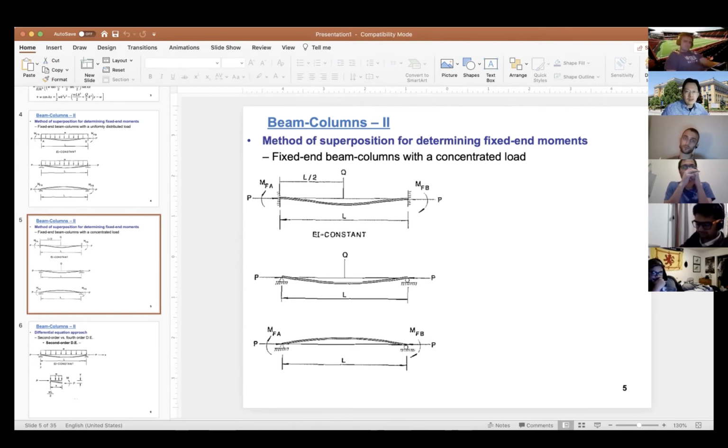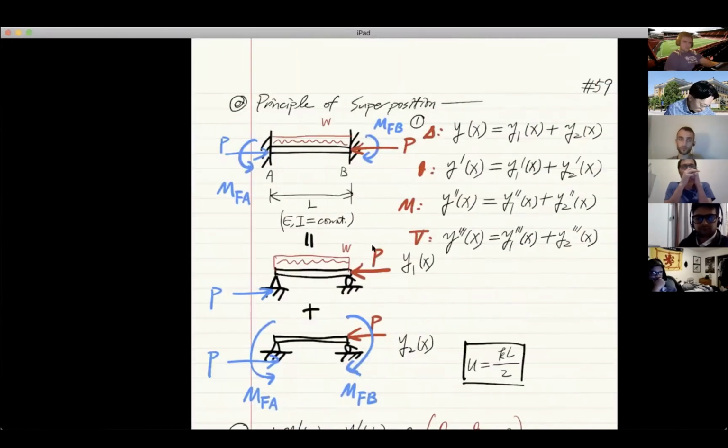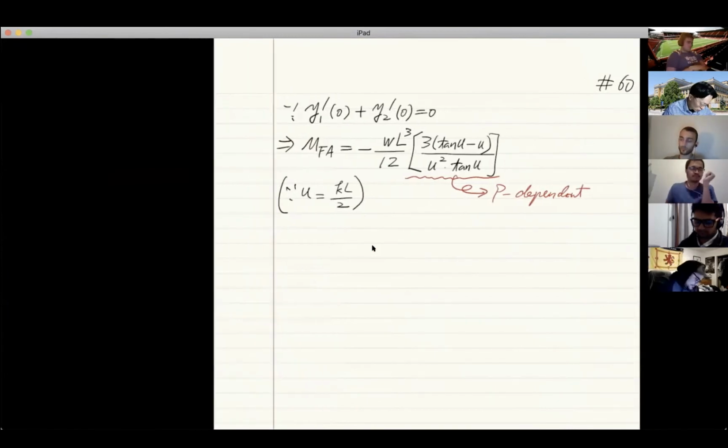So let's come back to see this. And of course, if you already know the answer, just bear with me, all right? And so shall we call this case 1? Then we can call the next case 2.